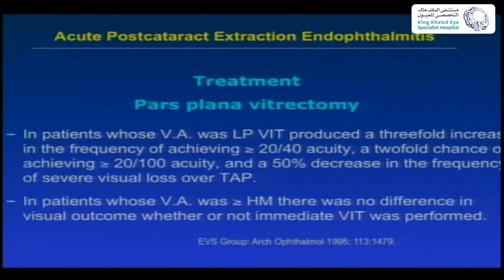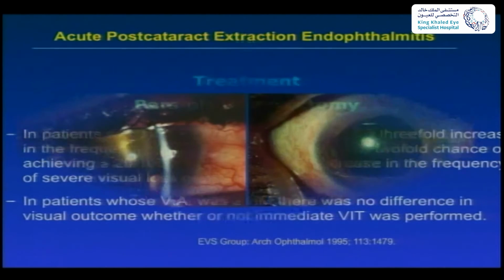The study demonstrated that vitrectomy is useful if the visual acuity at presentation was only light perception. But if the vision was hand motion or better, there was no difference in the outcome. So the conclusion is that if the vision is only light perception, you have to do early vitrectomy. If the vision is hand motion or better, you can go for vitreous tap and injection of antibiotics.